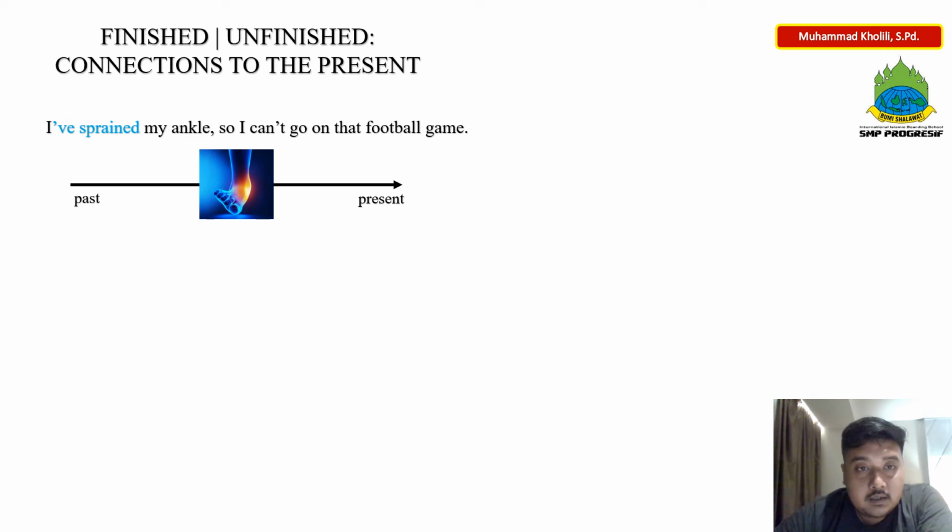I've sprained my ankle, so I can't go to that football game. It means that I cannot. It is connected with the present that I cannot play football because of the sprain of my ankle.